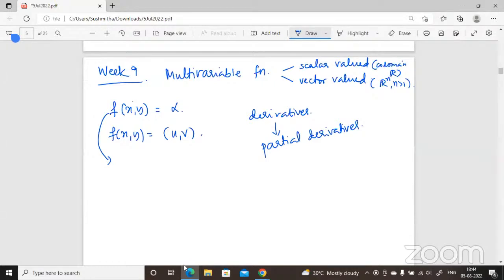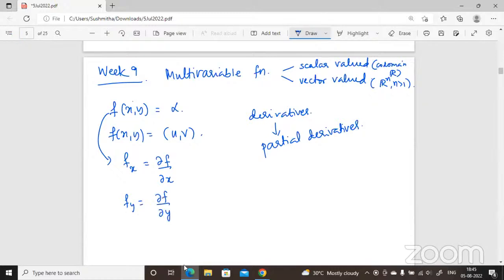Okay, so I was telling, if you have a function dependent on more than one variable, when we talk about the derivative of such a function, the question of derivative with respect to what variable comes into picture. So that is why we have partial derivatives. You can differentiate the function with respect to x or with respect to y.